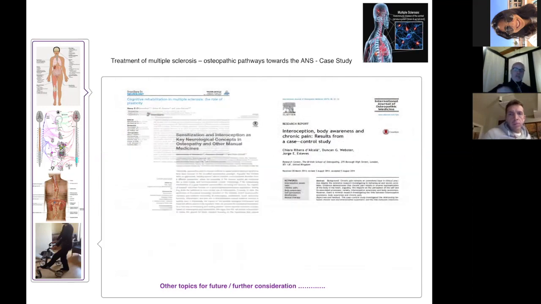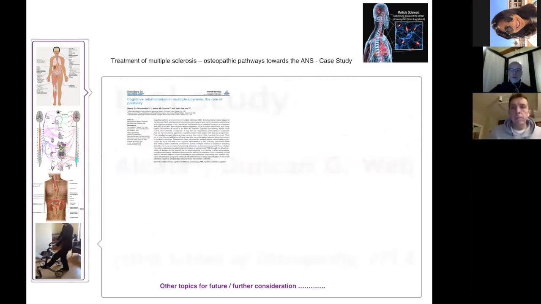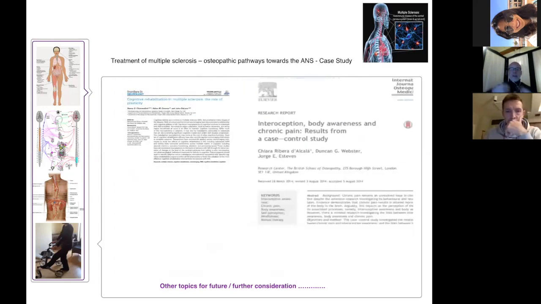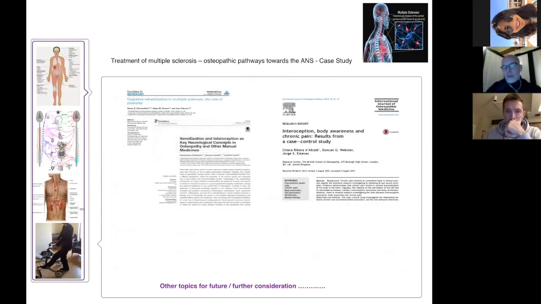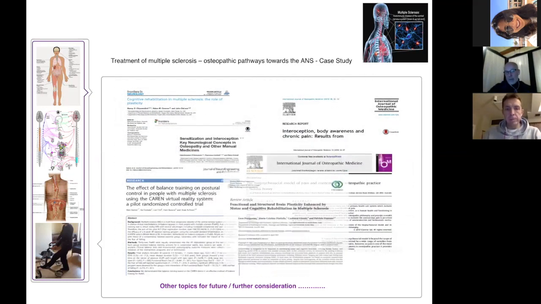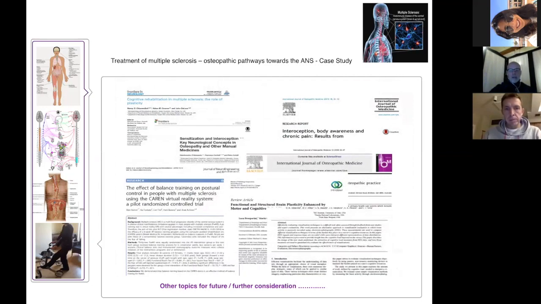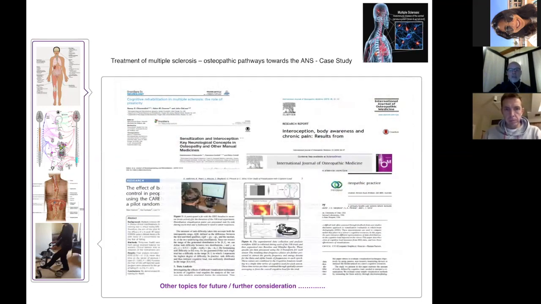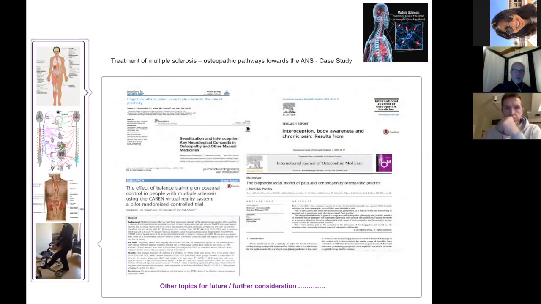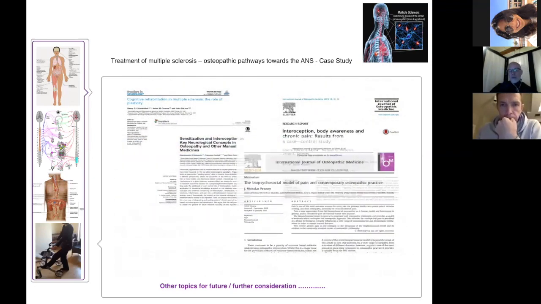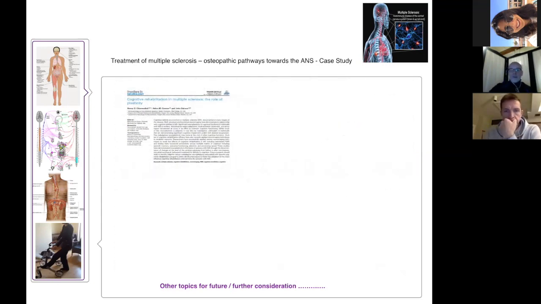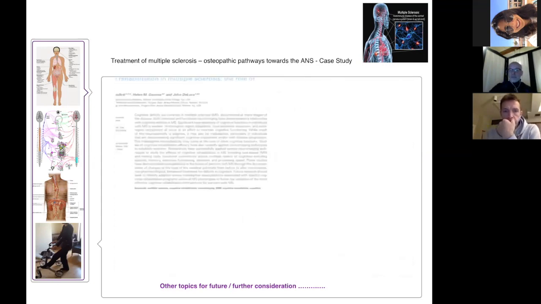That is being endorsed by a lot of materials and papers out there that indicate the potential mechanisms behind our work. These again need to be researched a bit more, but they give a parallel and a good explanation of the neuroendocrine and neuroimmune mechanisms that we might be working with and addressing in our work as osteos. Okay, so that's it.